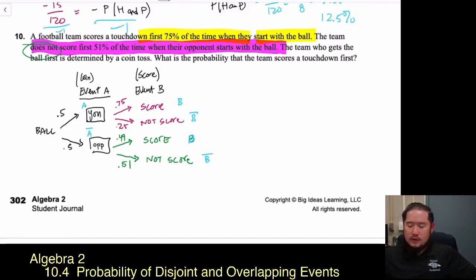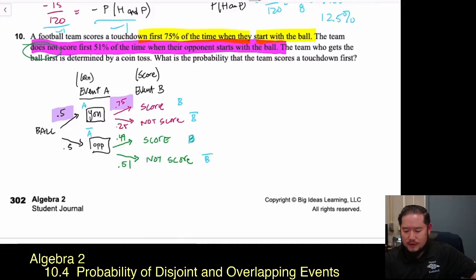So the question is, what is the probability that the team scores a touchdown first? Well, what I care about is scoring the touchdown. So let's think. The numbers I'm going to highlight, for us, for you, we have a 50% and then 0.75.